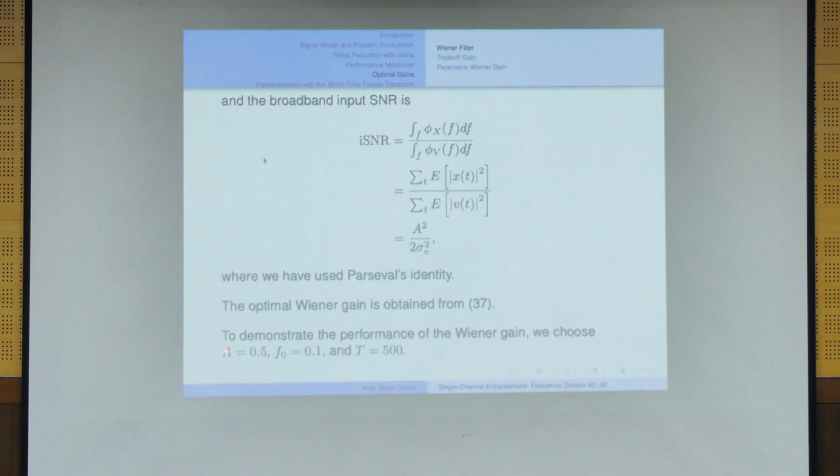And if we talk about an example where the amplitude of the sine is 0.5, f0 is 0.1, and we measure 500 samples of the noisy signal.